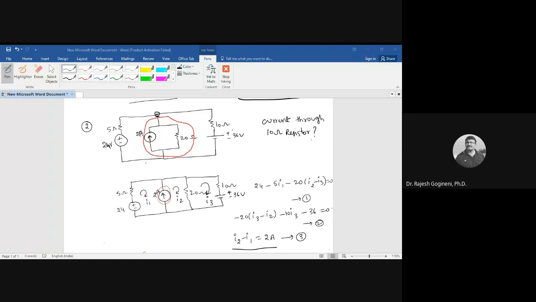Current source in parallel with a resistor, right? Can we replace that with a voltage source in series with a resistor, so that we will get only one branch?